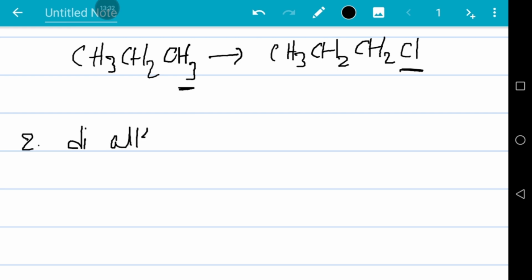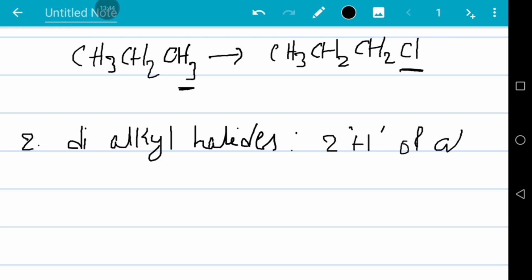Next, the second one is the dialkyl halides. Dialkyl halides means two hydrogens of an alkane are replaced by two halogens, then it is known as a dialkyl halide.